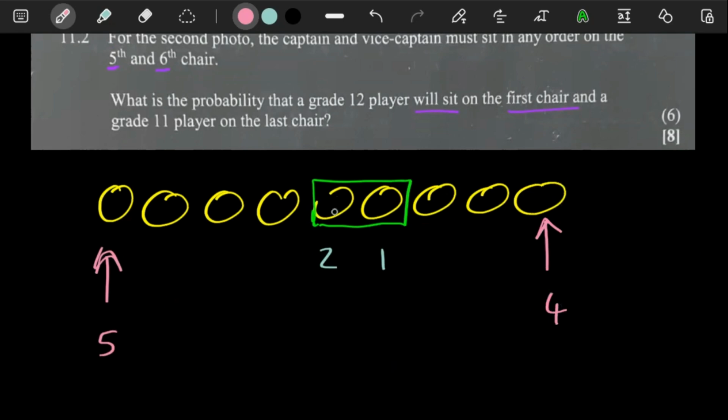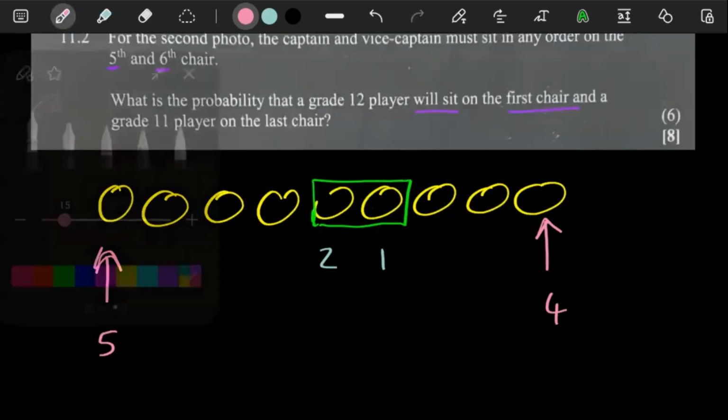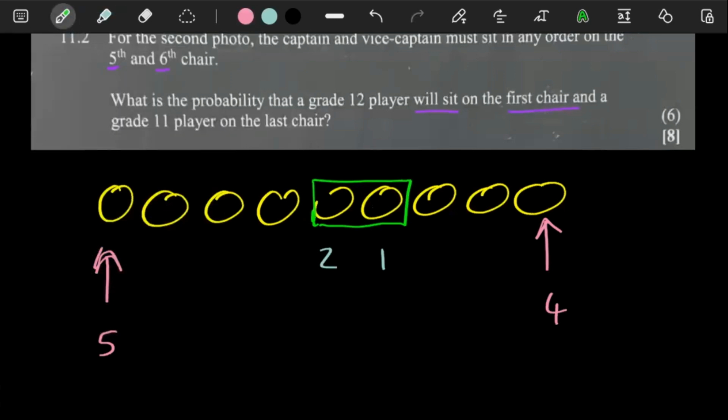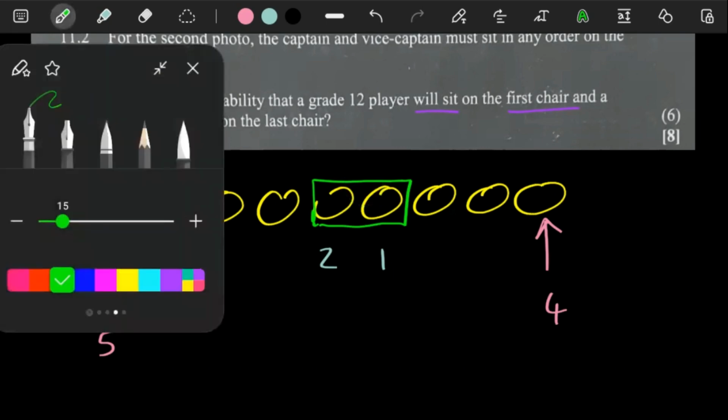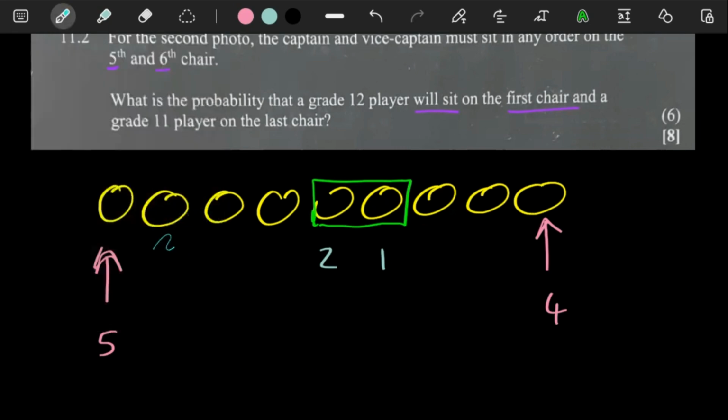So once you have set a person here, a person there, a person here, and a person there, that's 4 people in total. So out of 11, the number of people that are not seated once 4 have sat is just 7. So of those 7, here you can sit 1 of 7 people.